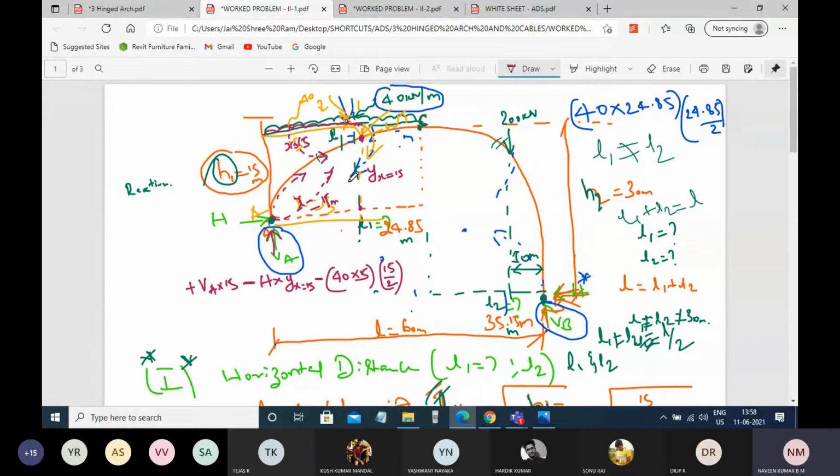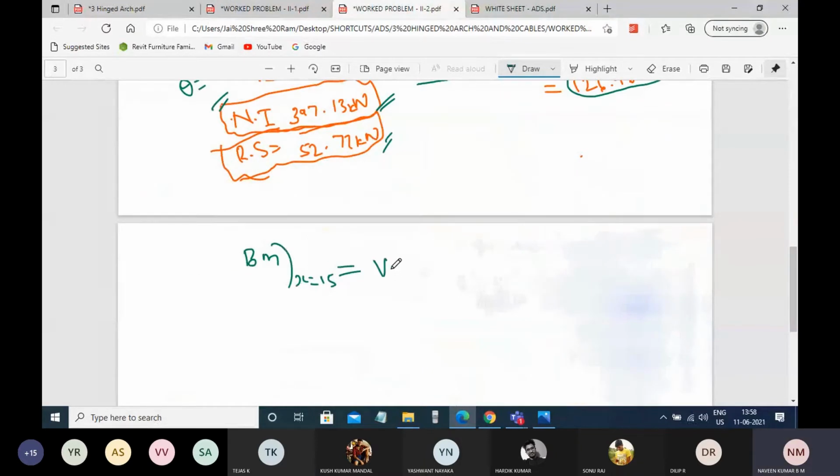So any other forces acting? No. So now we'll substitute over here. VA times 15 minus H times y suffix x equals 15 minus 40 times 15 times 15 divided by 2. Okay, so now VA equals how much?